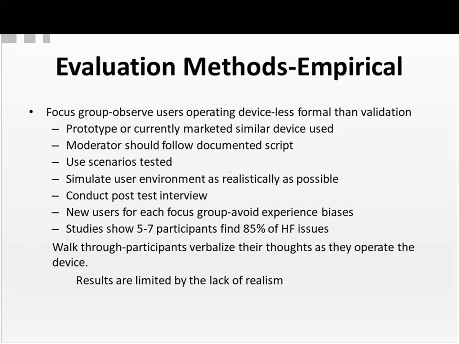As to how many people, studies have shown 5 to 7 participants find 85% of human factors issues. So for these purposes, you can use 5 to 7 participants with good certainty of finding issues.